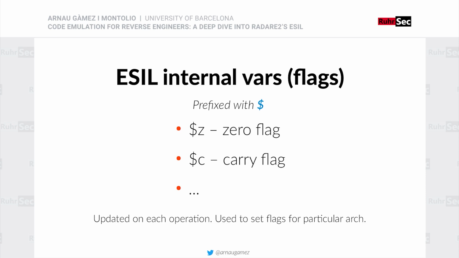The answer is that not every architecture updates the flags in the same way. That means not every architecture sets the different flags at the very specific moment and in the same circumstances. So you basically have the translation between one architecture, how it implements the flag manipulation, and its ESIL correspondence.